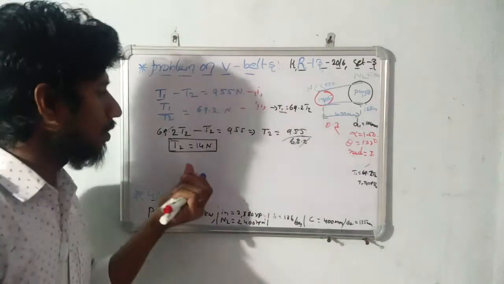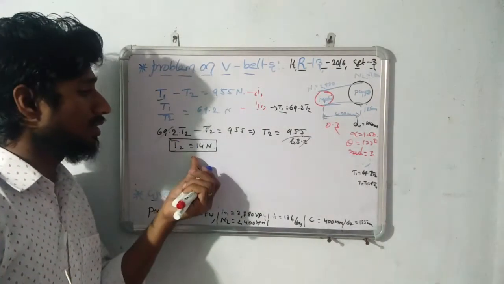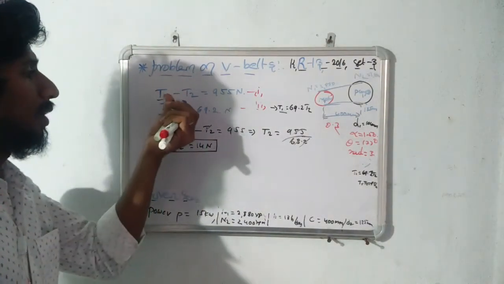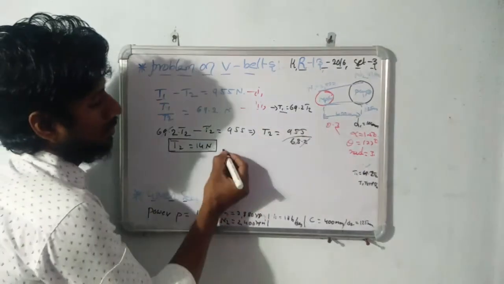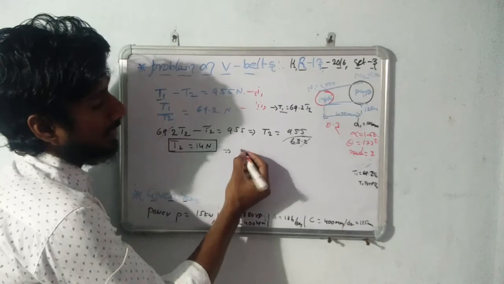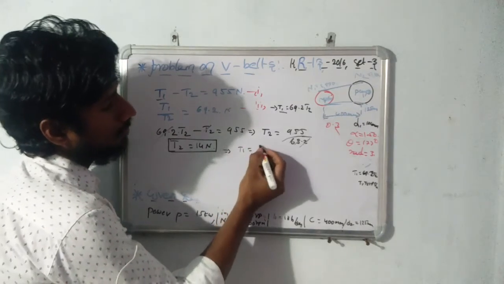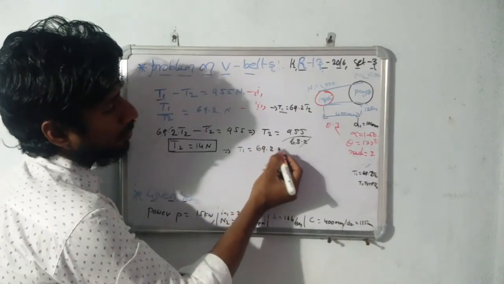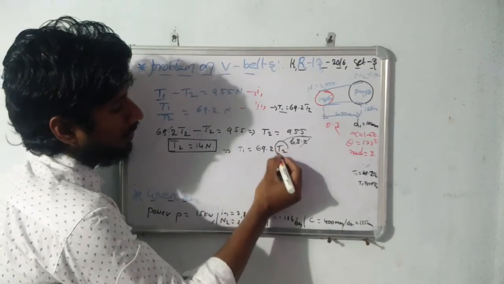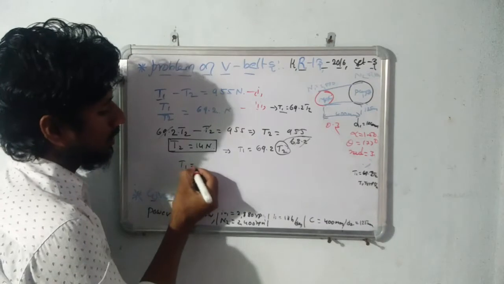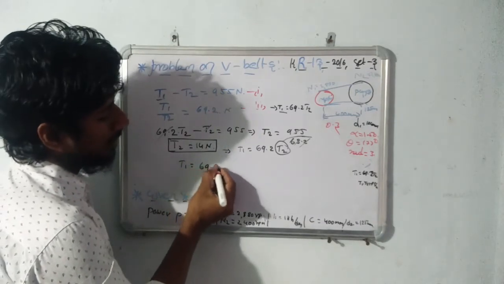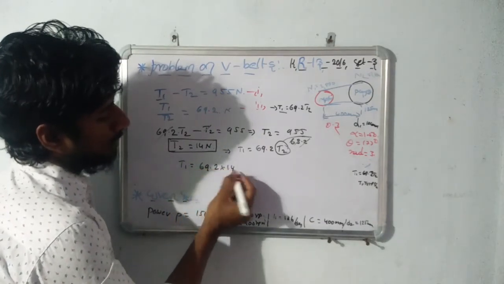Here we know the value of T2. By using this T2 value, we are going to find out what is the value of T1. So here what we know, the T1 equal to 69.2 into T2. Here we know the value of T2. Substitute that value here. The T1 equal to 69.2 into 14.